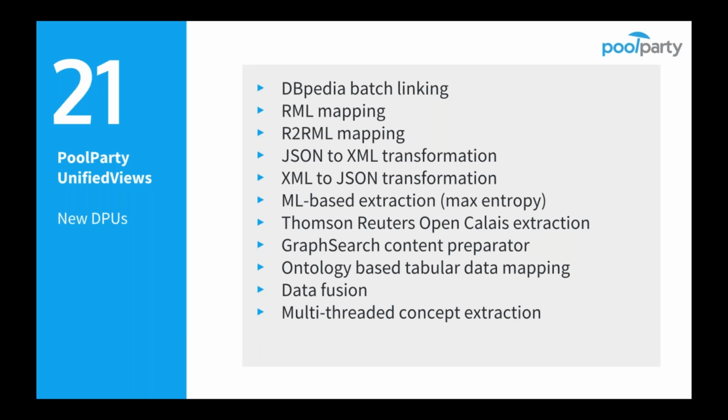And of quite a nice improvement, especially in terms of the enterprise environment, we now support a multi-threaded concept extraction in the extractor DPU, which gives us a lot more possibility to run a lot more integration scenarios where we can extract a lot of information and transform that and present it in tools such as Graph Search or Graph Editor.